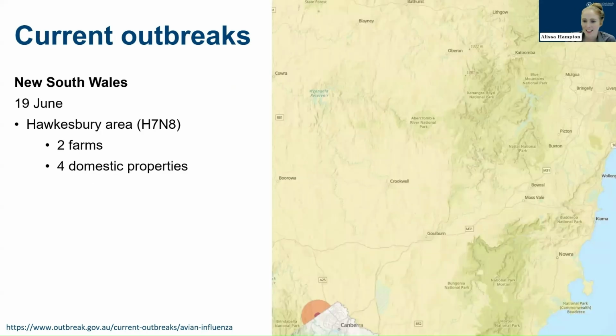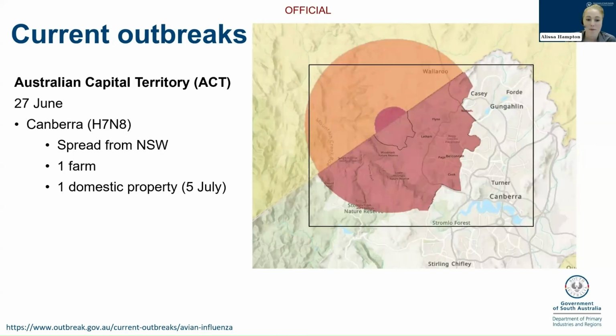Next slide. New South Wales has had 6 properties affected, all in the declared area at the top right-hand corner of this map. Again, this was a different subtype, H7N8. Next slide. This one actually spread via a trace down to a property in the ACT, and then went on to infect a domestic property as well, but it didn't go any further than those 2 sites.